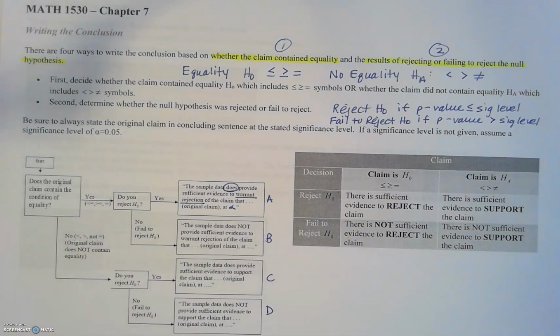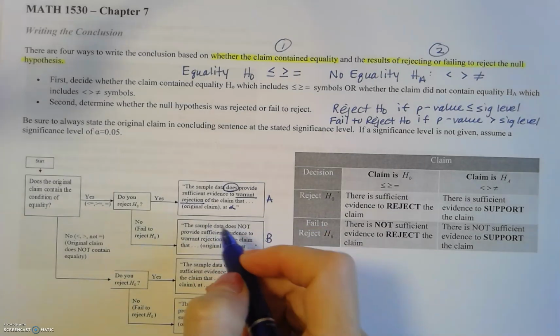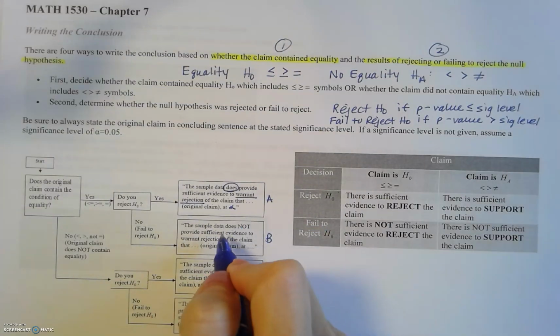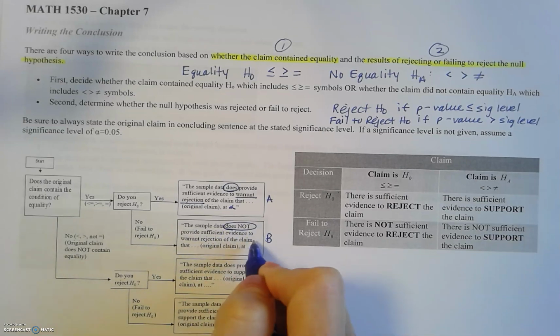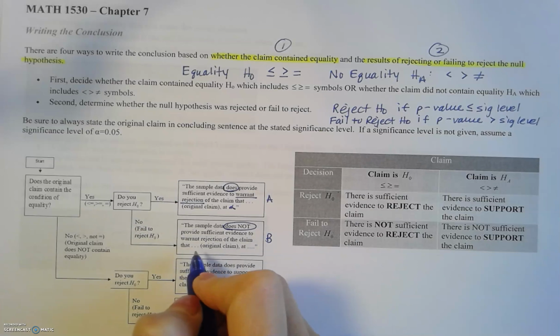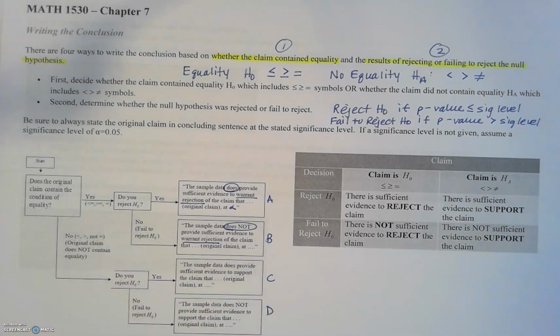Next, does the claim contain equality? You could say yes again, and instead of rejecting the null hypothesis, you failed to reject the null hypothesis. This statement would be: the sample data does not provide sufficient evidence to reject the claim that, and again you would state what the claim is.